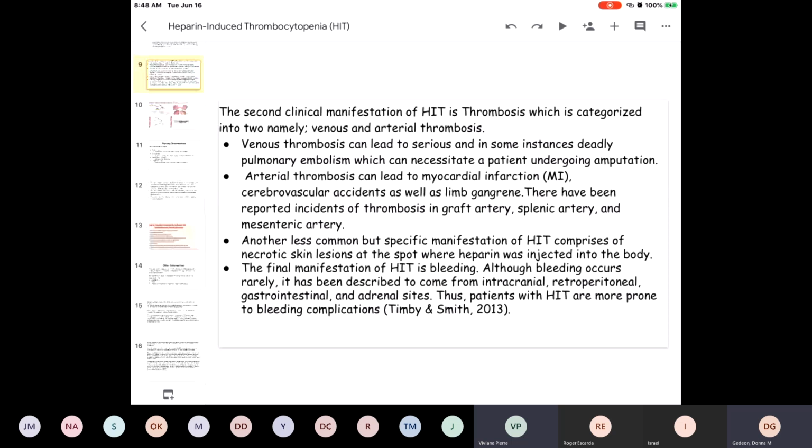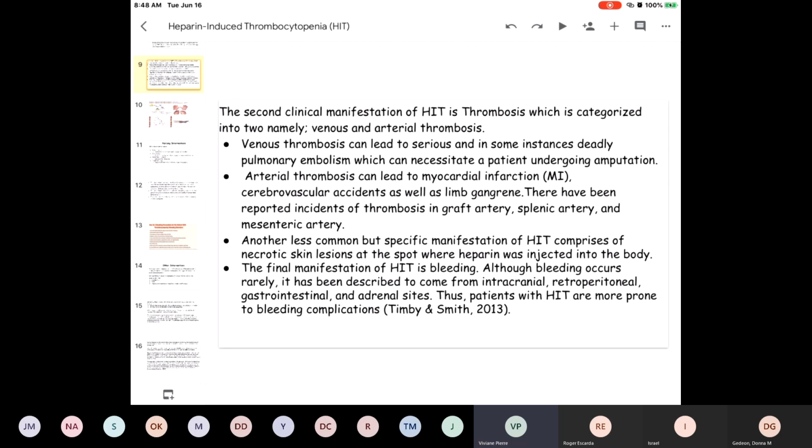The second clinical manifestation of HIT is thrombosis, which is categorized into two, venous and arterial thrombosis. Venous thrombosis can lead to serious, in some instances deadly, pulmonary embolism, which can necessitate a patient undergoing amputation.